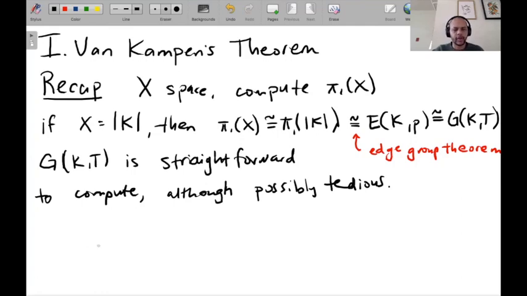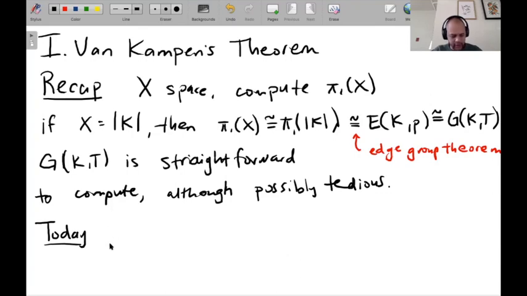So what we're going to talk about today is a different computational tool that does use some of this discussion.